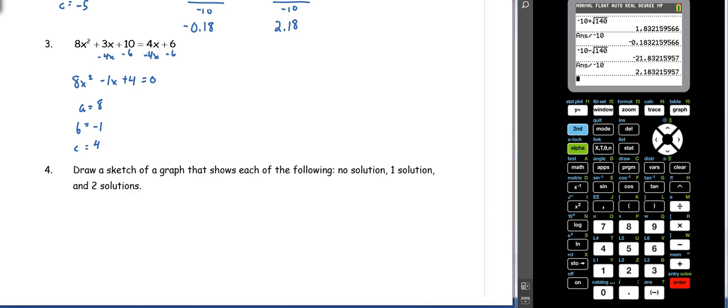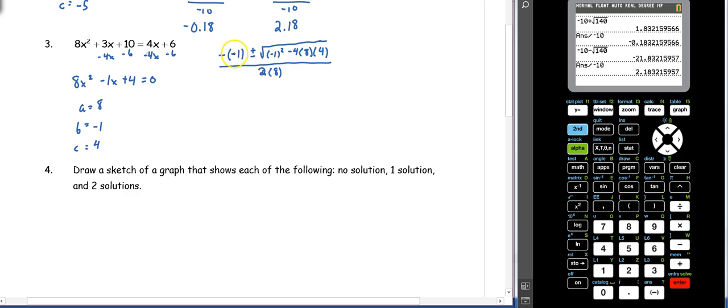So now we can set up our quadratic formula. We have negative b plus or minus the square root of b squared minus 4ac, all over 2 times the a value.